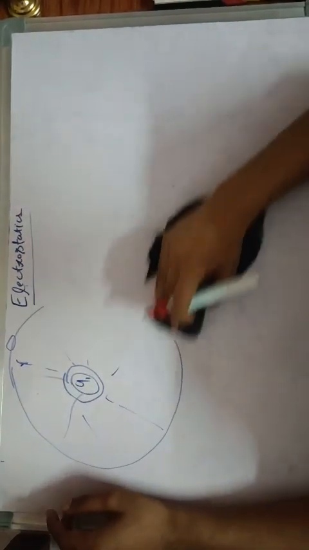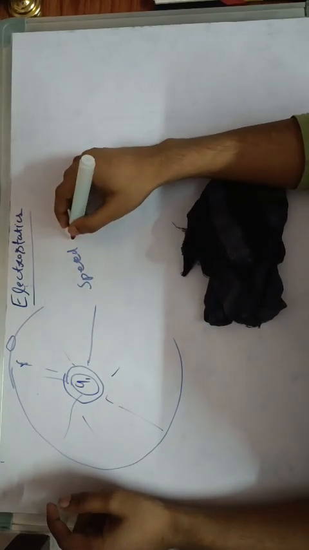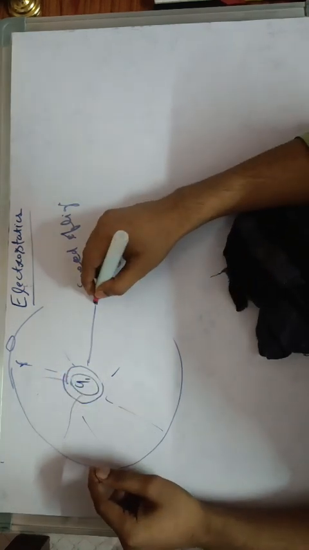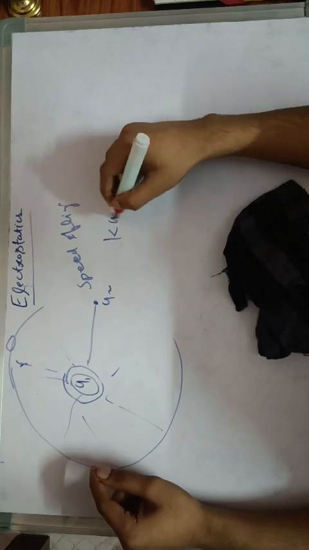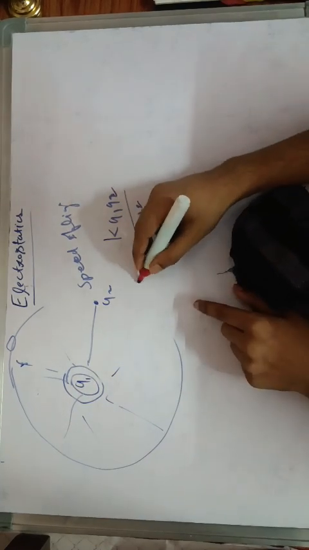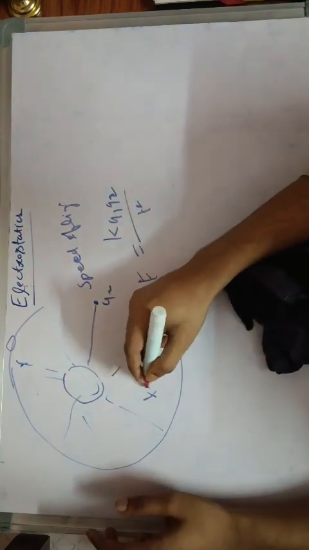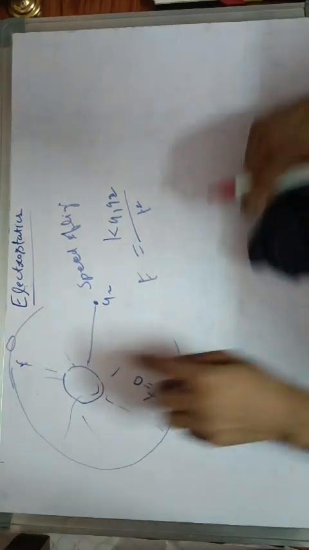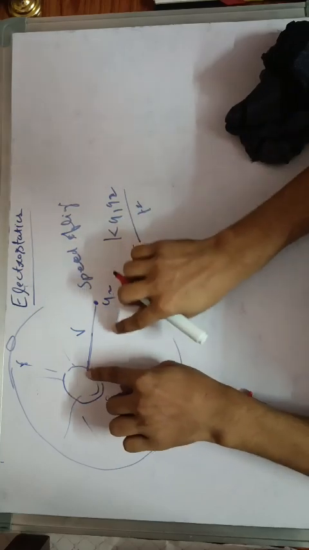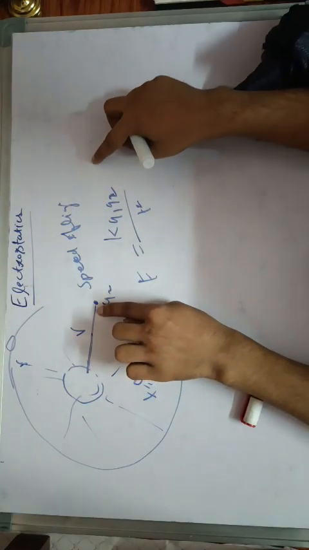Now these fields also travel with the speed of light. Means if there is a charge q2 here, there is a force k q1 q2 upon r square acting on this charged particle. Now if this charge disappears, let's say at time t equal to 0, there would still be some field from this point to this point, which will be traveling at the speed of light.